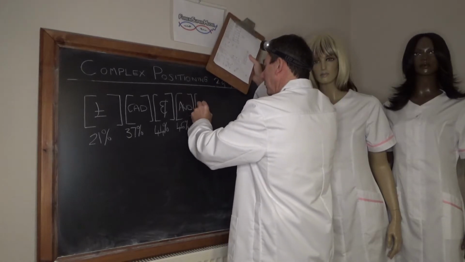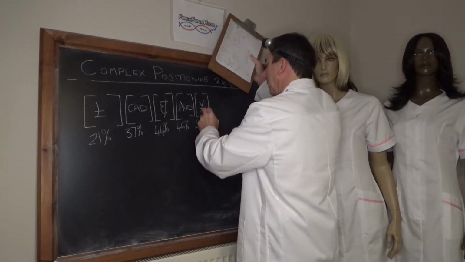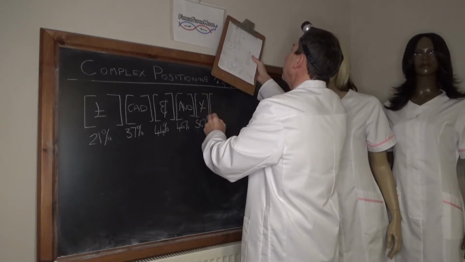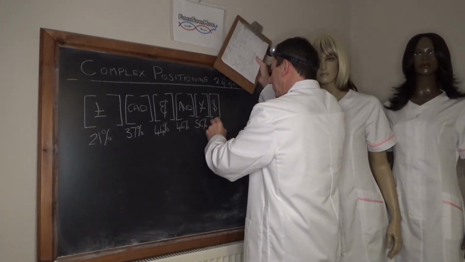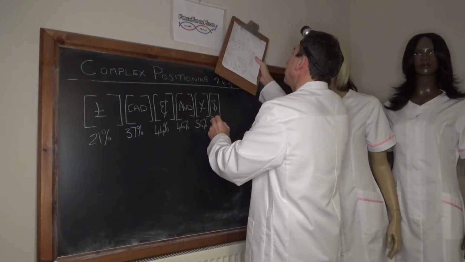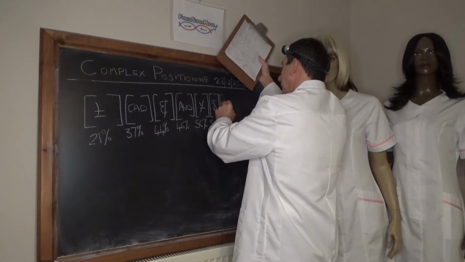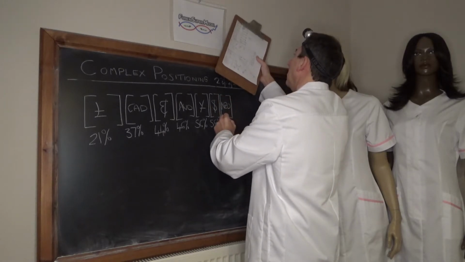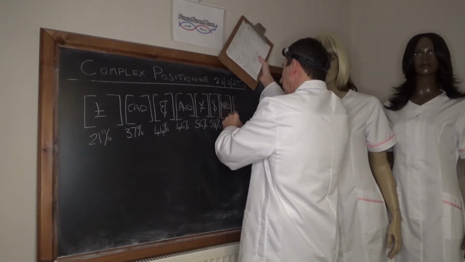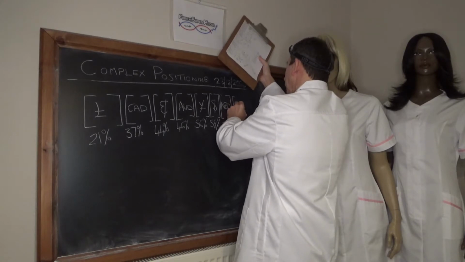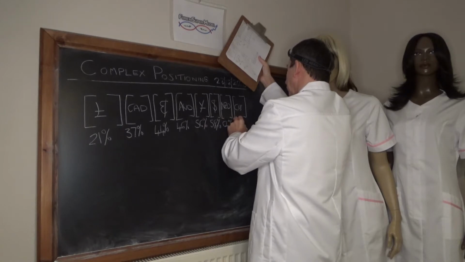Yen, 56%. Dollar, 58%. NZD, 64%. And the Swiss franc finally at 73%.